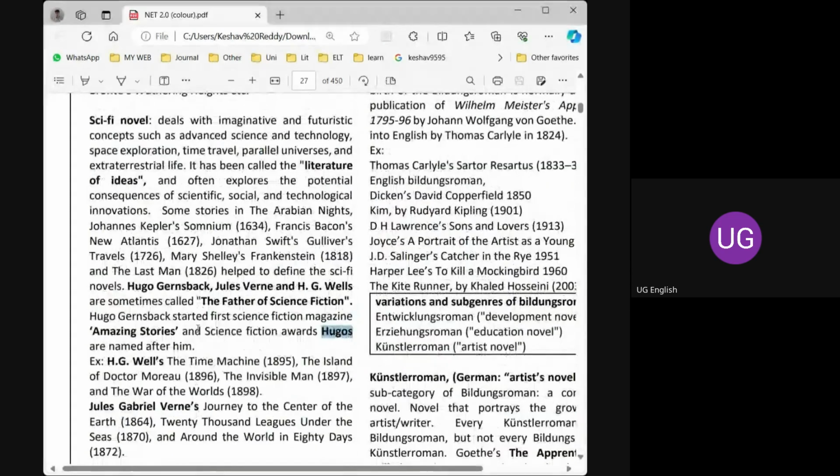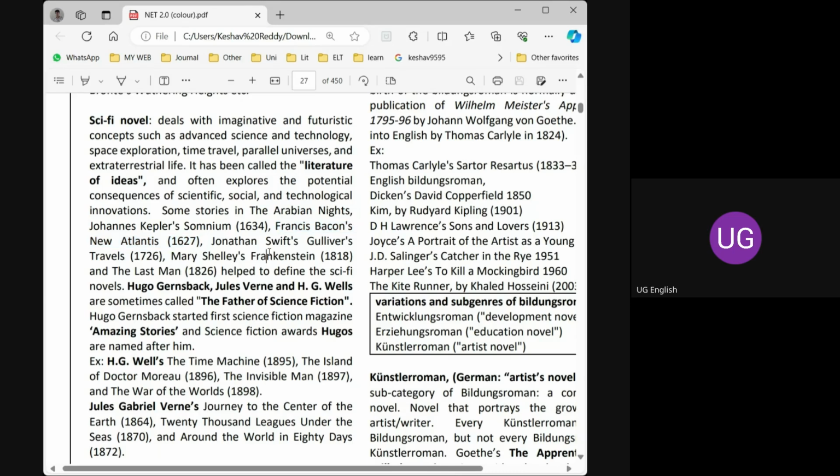And one of the foremost important science fiction works is in the Arabian Nights also, the Arabian stories. And Johannes Kepler's work Somnium is also based on the science fiction concept. And Francis Bacon's New Atlantis, one of the famous works.